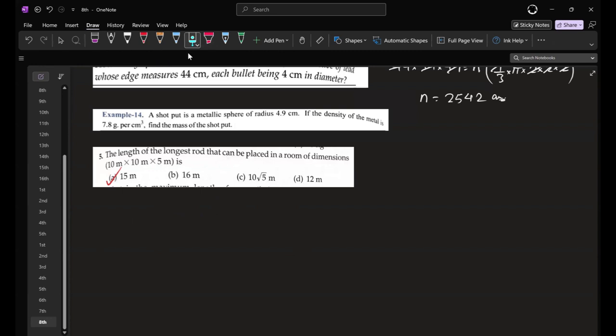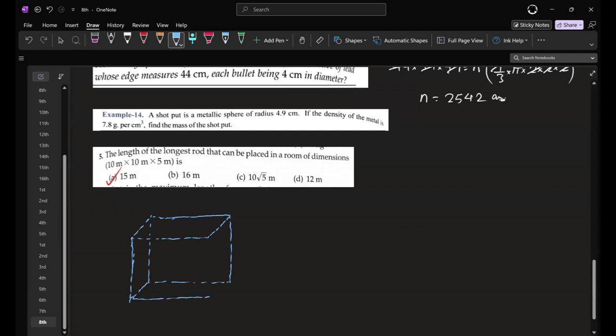So say for example, we have a cube, something like this. Or it can even be a cuboid. Both of the discussions are going to go the same way. So it is a cube or a cuboid.